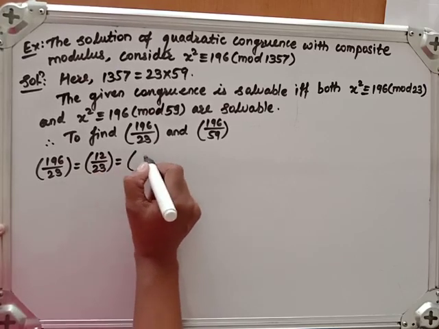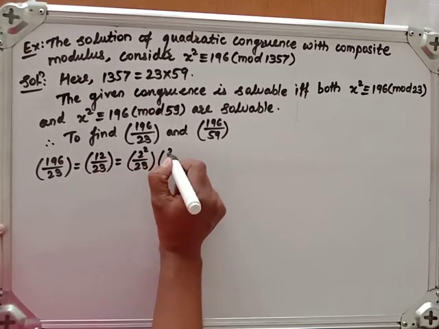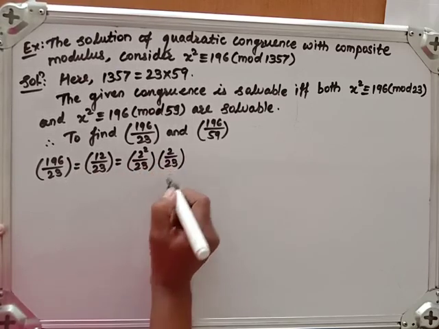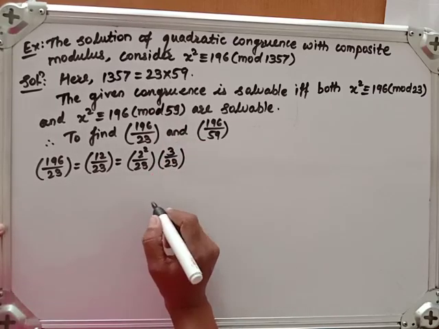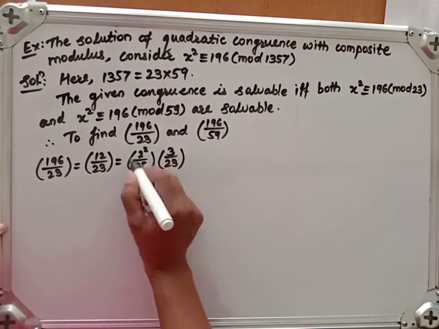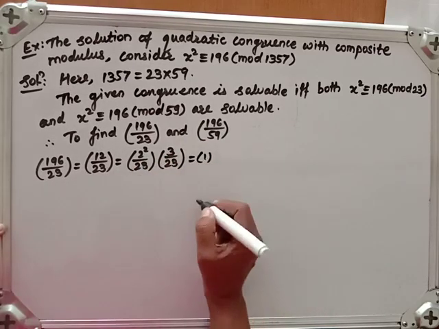That is equivalent to the Legendre symbol of 2 square by 23 times the Legendre symbol of 3 by 23. So the Legendre symbol of 2 square by 23 will become 1, as a square by p is 1.